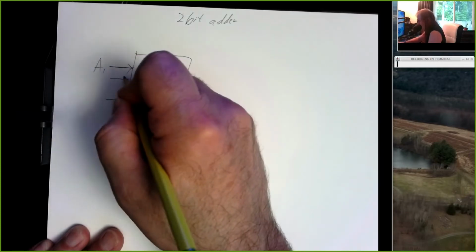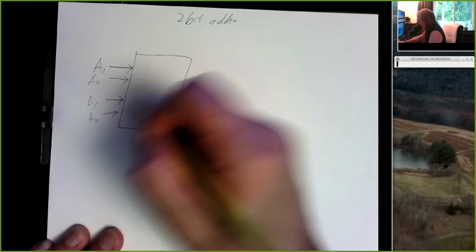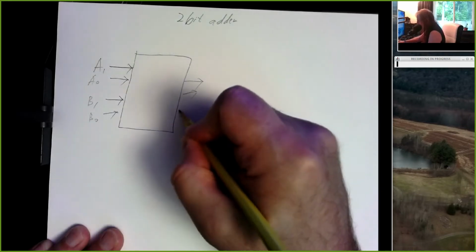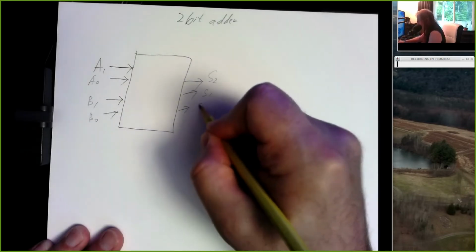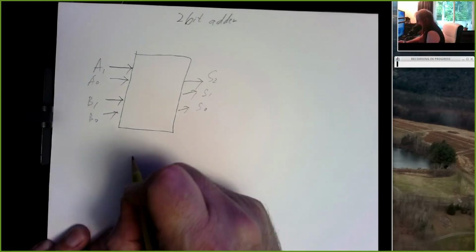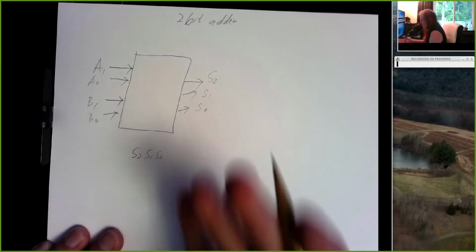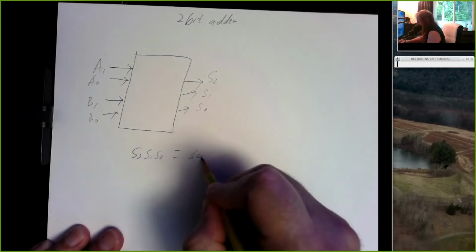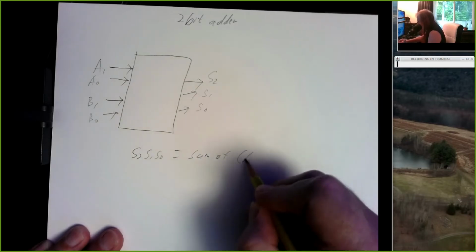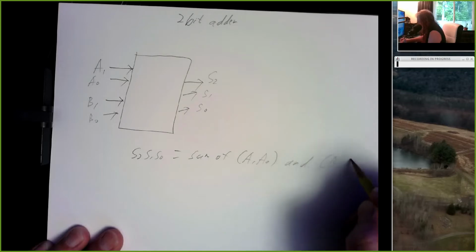A1, A0, B1, B0, sum 2, sum 1, sum 0. And I might say something like S2, S1, S0 equals sum of A1, A0 and B1, B0.